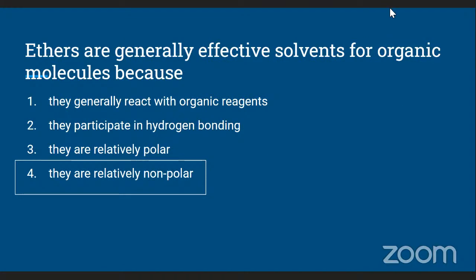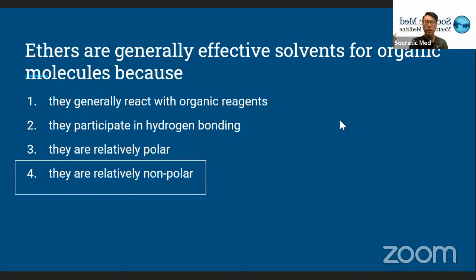Just as a clarification, I had a question about why it's non-polar. Is it because it's a symmetrical molecule, so it's not polar? So ethers are mostly made up of long alkyl chains full of carbons and hydrogens, so that would be non-polar.